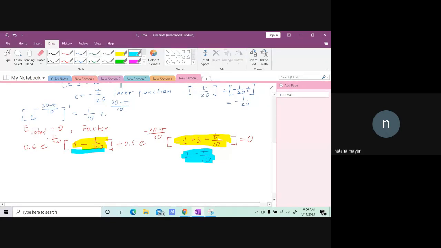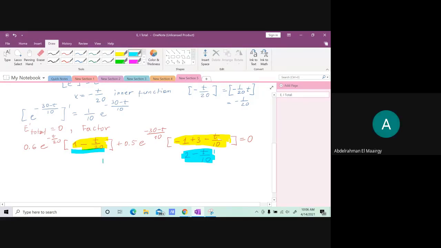But we can factor. To be able to factor out 1 minus t over 10, we have to make this one look like this, but it doesn't. There is one small detail. We need to factor something out to make it the same as the first one.